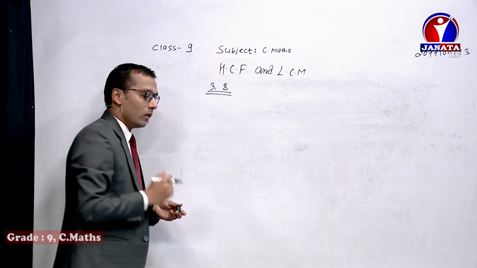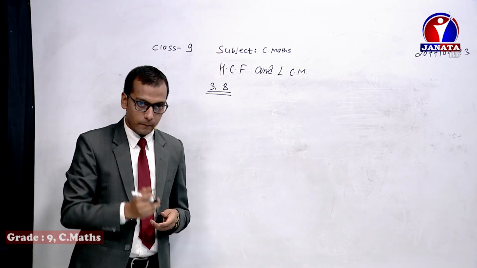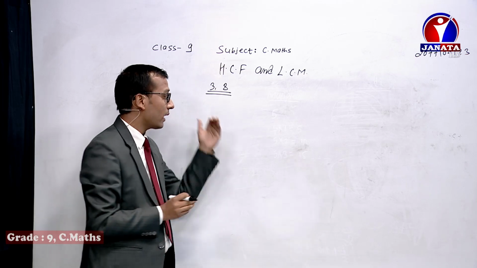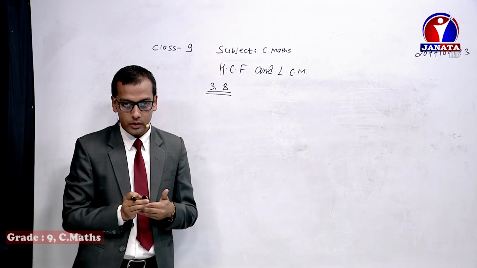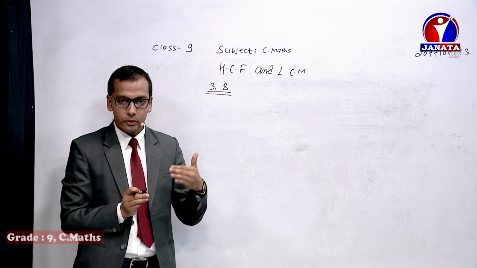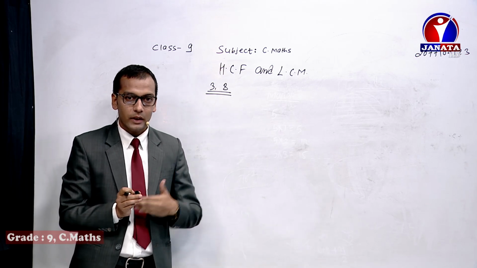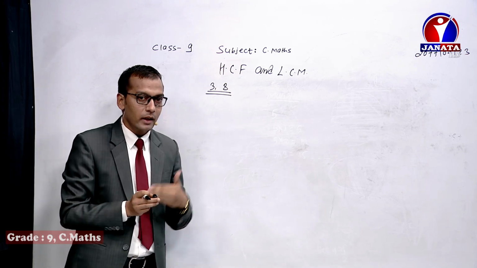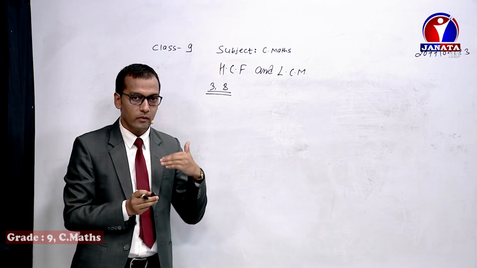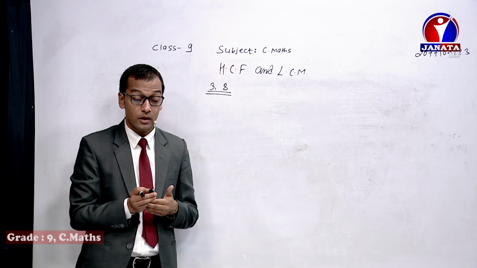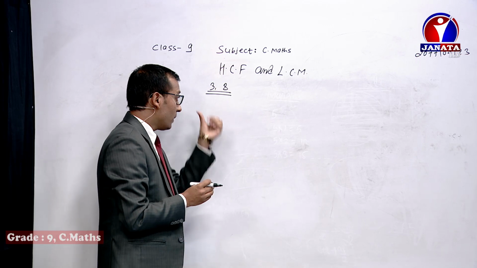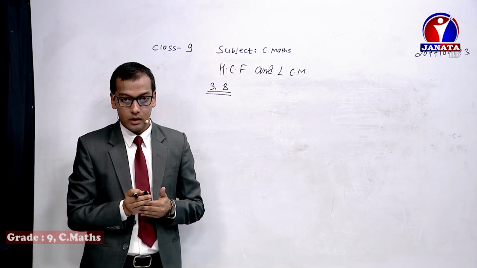For this, first of all, in the beginning, we need to find out the factors of the given numbers. So what are the factors of 3? What are the factors of 8? There are many ways to find HCF and LCM, like prime factorization or the division method. In case of numbers, the best way is the factorization process.